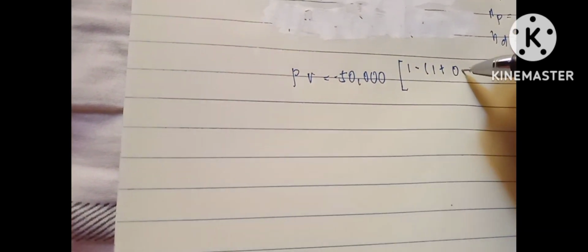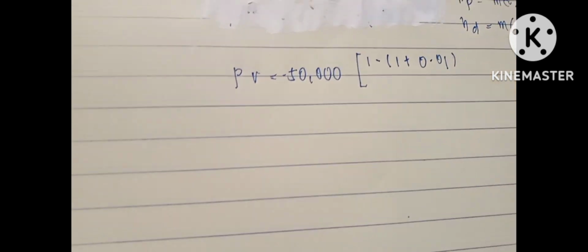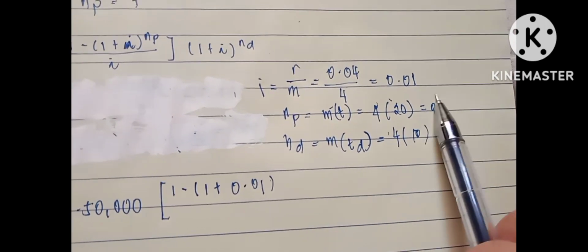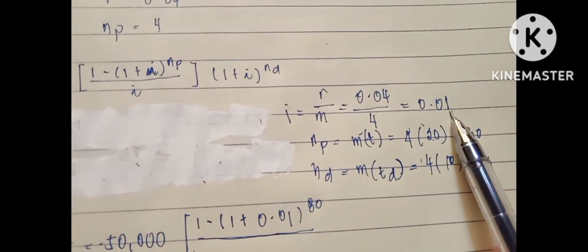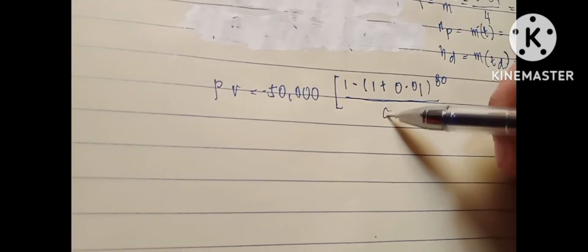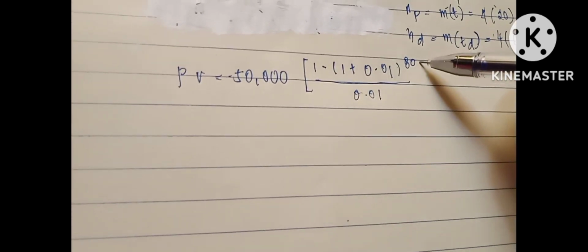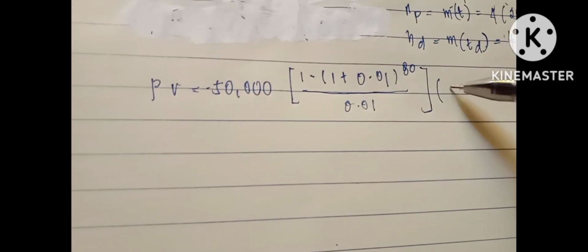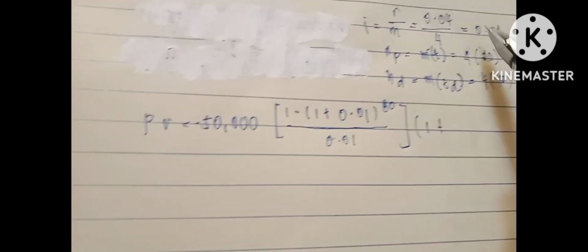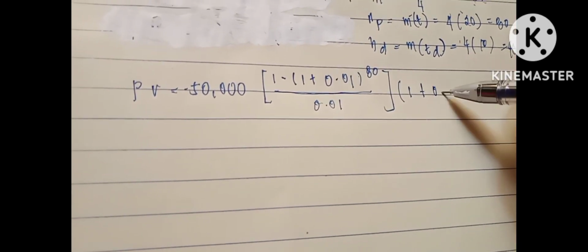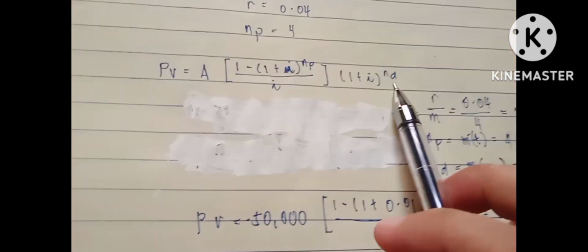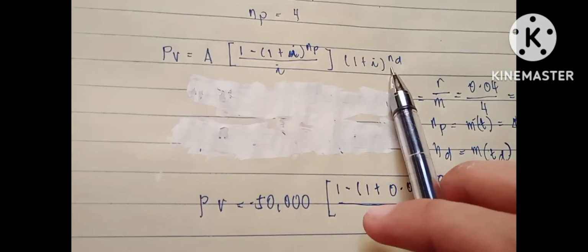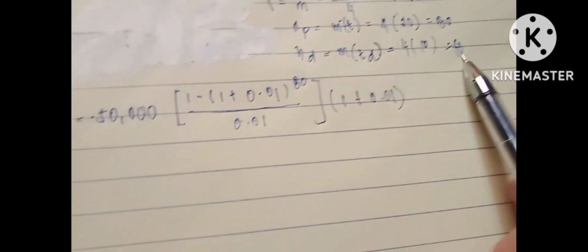So 1.01 raised to the number of period, which is 80, over our I, which is 0.01, times 1 plus I, 0.01 raised to the number of deferred period. Ang atong number of deferred period here is 40.